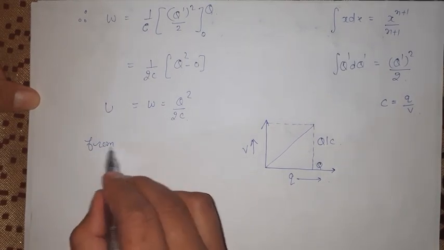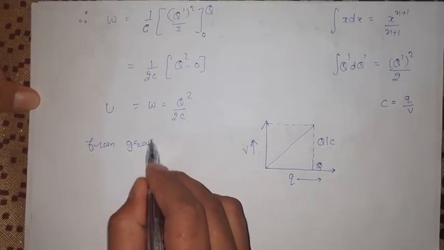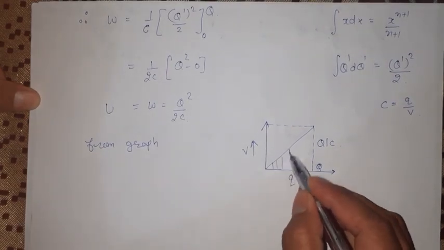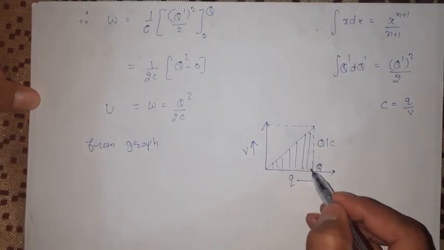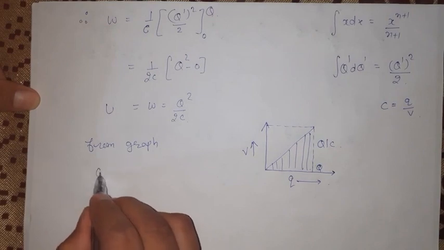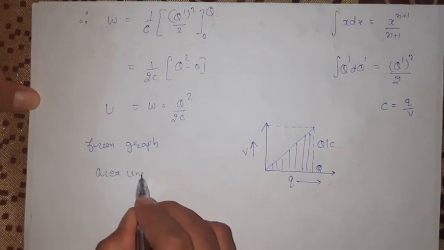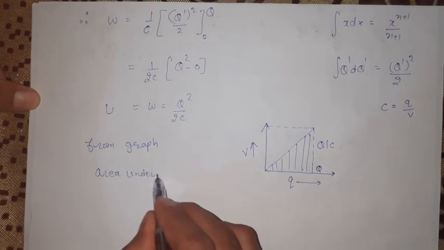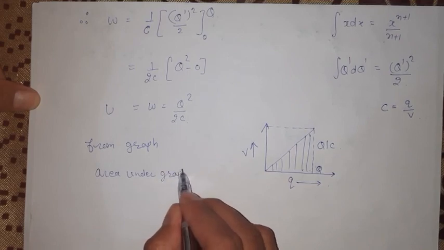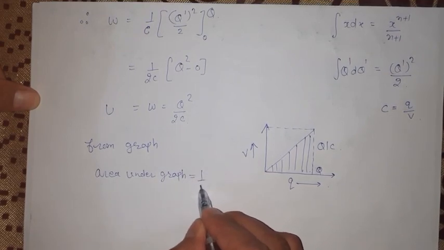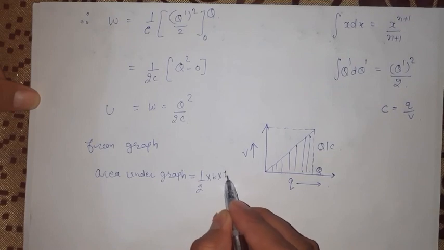Therefore, student, if we have to calculate this potential energy from the graph, you have to look for the area under the graph. This area under the graph is that of this triangle, and the triangle area is 1 by 2 base into height.